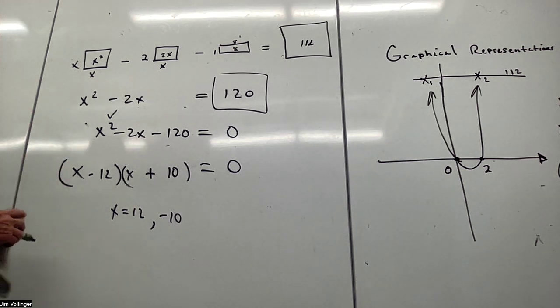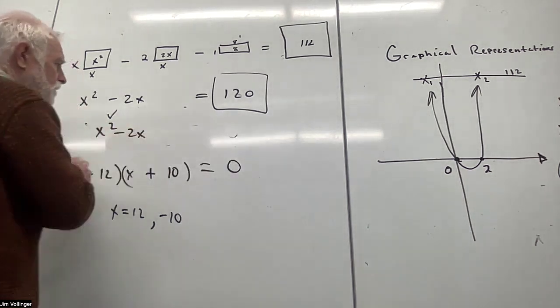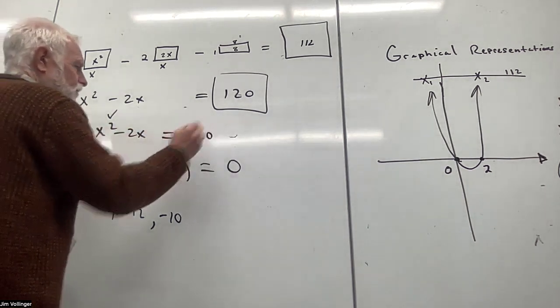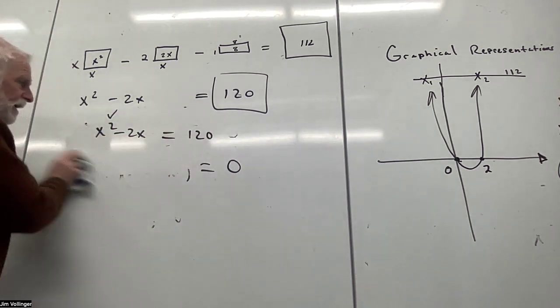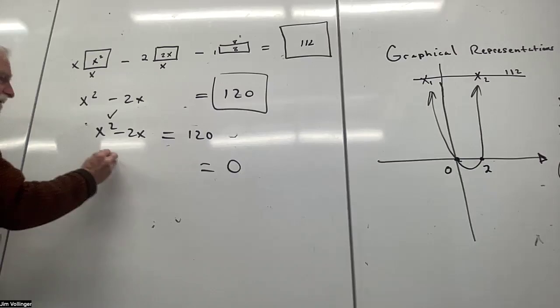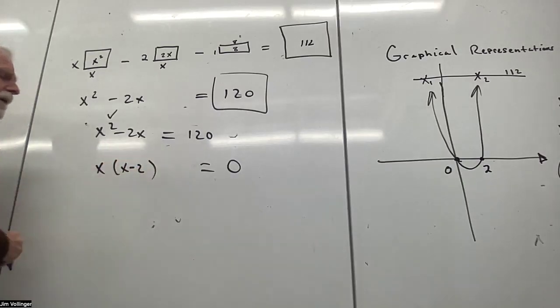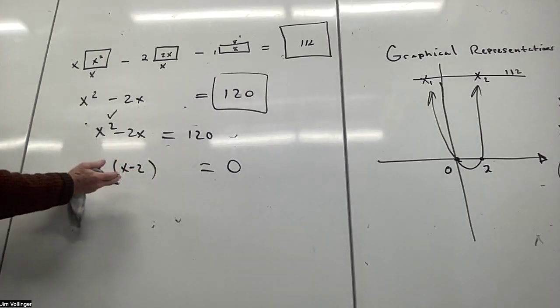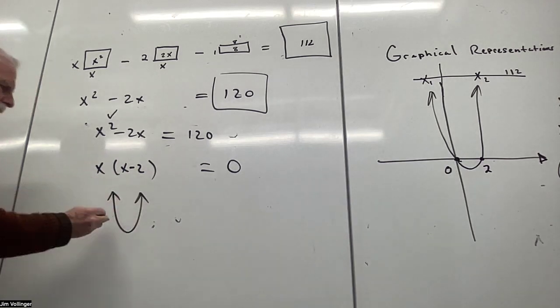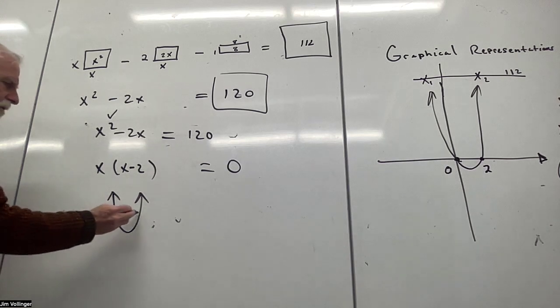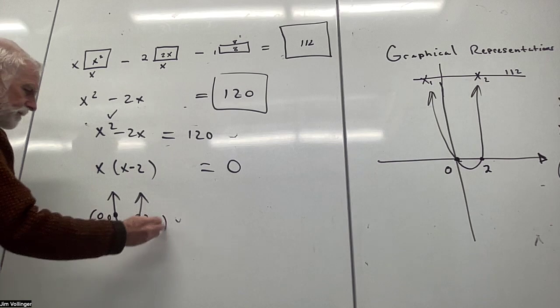All right, so let's go back to this line of work. Let's examine this line of work here. X squared minus 2x could have been written as x times x minus 2, and that gives me information. That gives me information that I have a parabola, that it goes through the origin, 0, 0, and also goes through 2, 0.